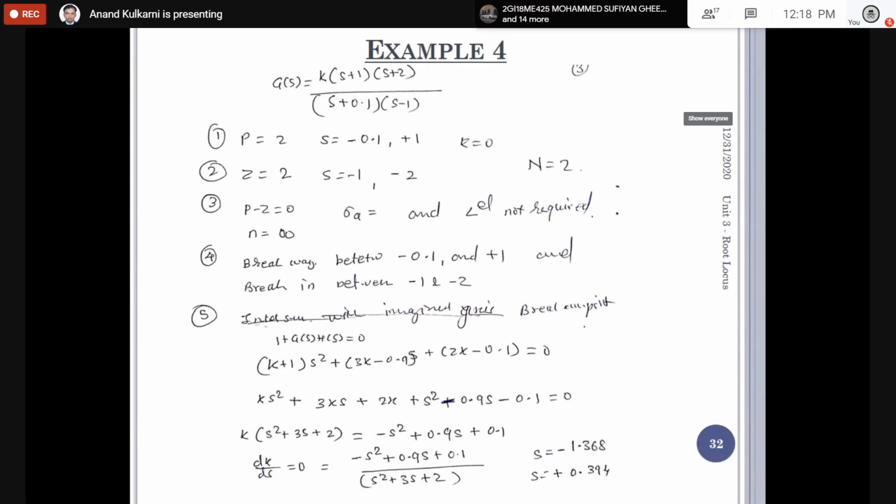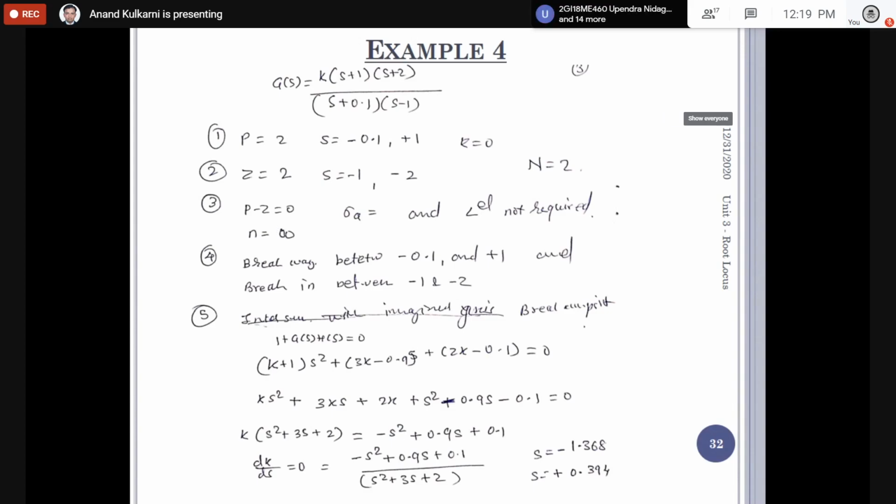For a circle, most of the time you end up getting wrong answers here. So don't calculate these asymptotes and all those things. The reason is that this is giving you a ridiculous result. P minus Z is 0, and anything divided by 0 is infinity, and once infinity comes into the picture, you cannot do any other calculation.